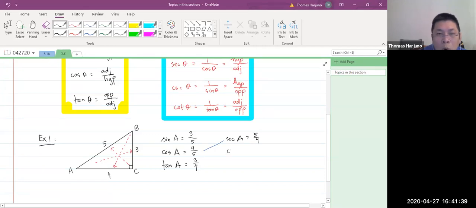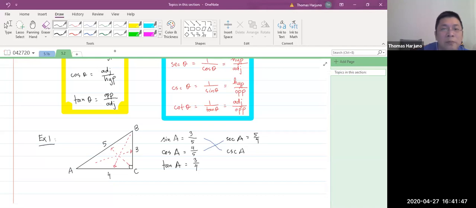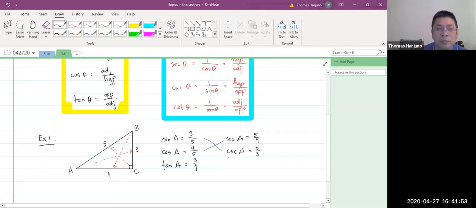And cosecant of A is the reciprocal of sine. The value will be 5 over 3. Now, cotangent of A is the reciprocal of tangent. So the value will be 4 over 3.